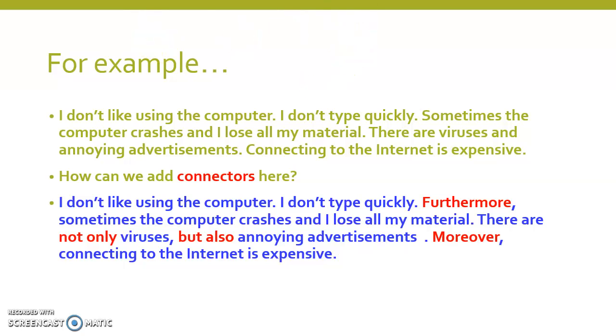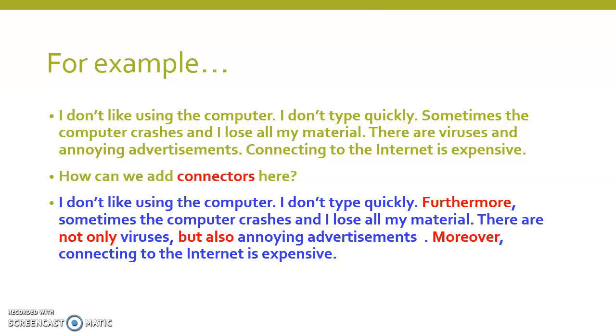As you can see, we are using some of the connectors of addition. We are connecting these ideas with the connectors of addition. Instead of using, again, a series of sentences without any logical sequence, we are going to use the connectors, the ones that you have in red here, in order to add more detail to your ideas. For example, you can start: I don't like using the computer, I don't type quickly. Furthermore, because this idea adds to the previous one.